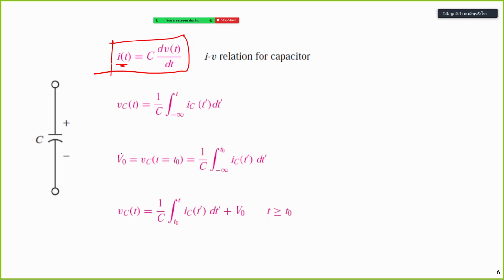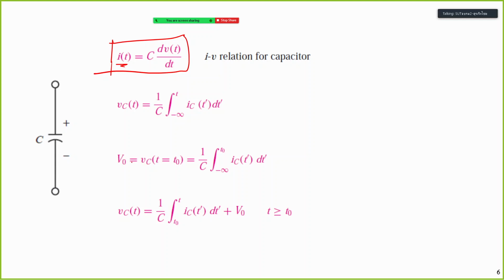And then the constant value that we get from the integration, this is the differential equation problem, right? We integrate for VC in terms of IC here.